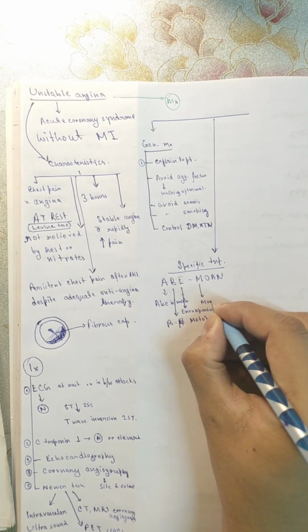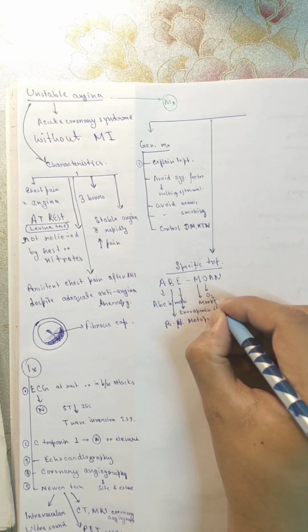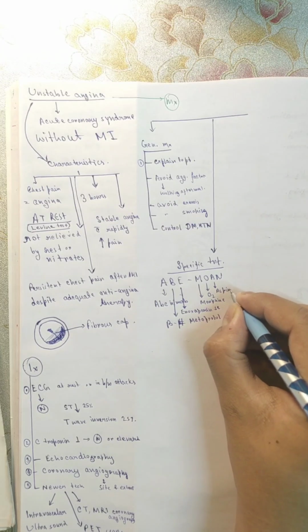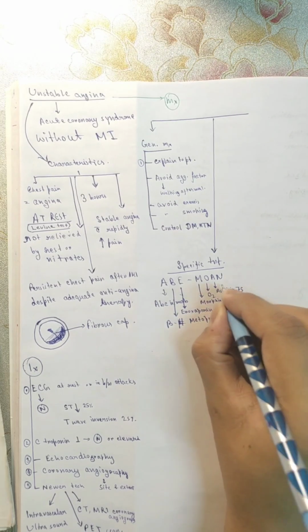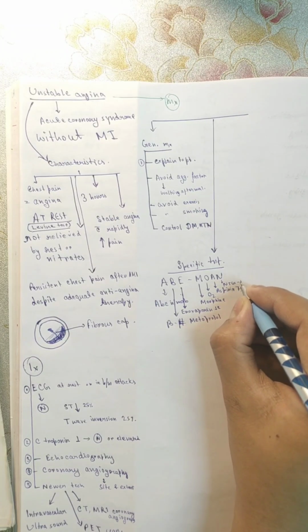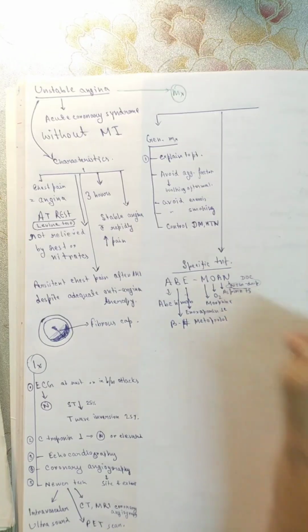It is morphine, O2, aspirin 75 as antiplatelet, and nitrates in TG drip. Okay, this is the drug of choice.